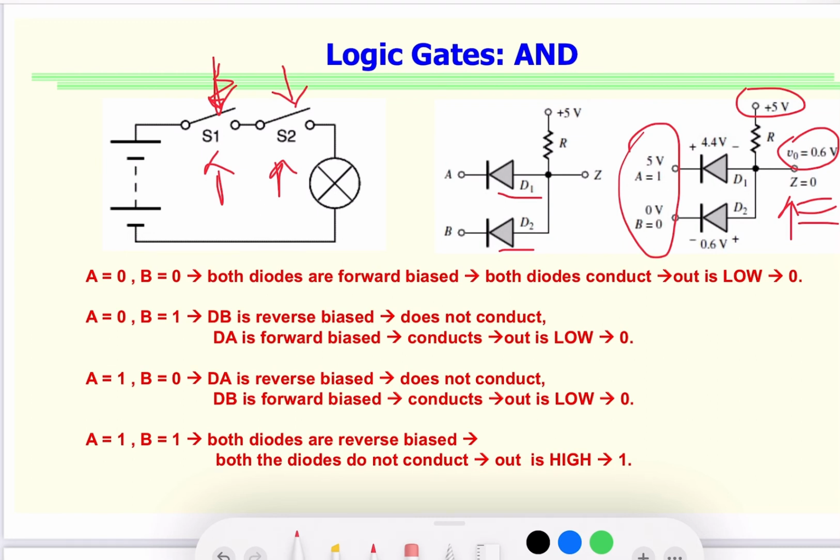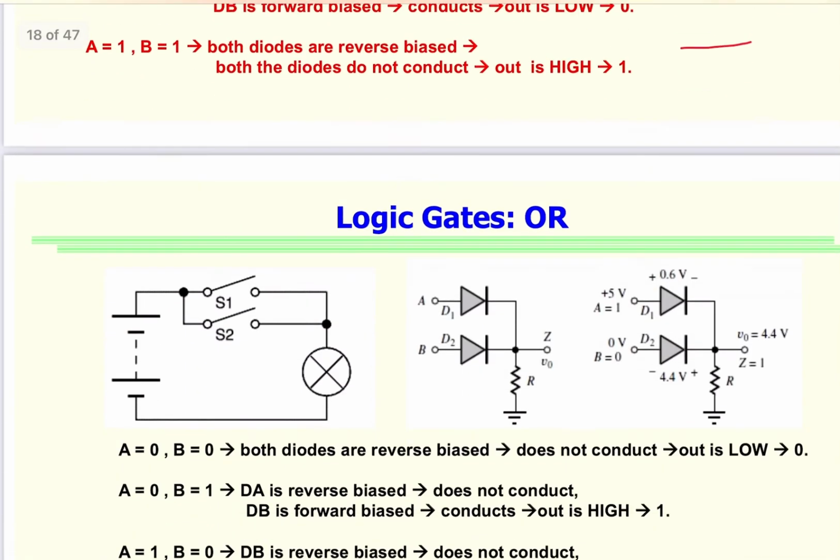So in both cases, we can see if both voltages are zero, they both will be forward biased, both will conduct. So the output would be low because the voltage drop is happening across the diode. And if one of them is made reverse biased, so B diode becomes reverse biased, does not conduct, but the A diode is forward biased and conducts. So we see these situations which we already saw how we would write them in a truth table.